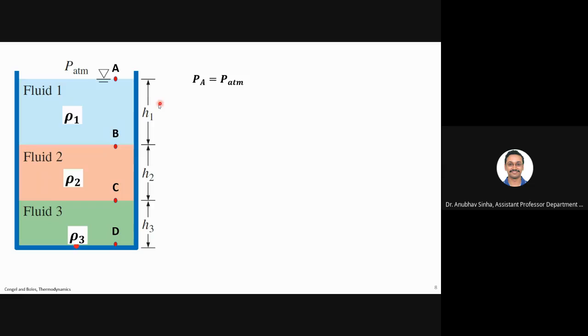I will take PA and add rho gh. What is rho here? Rho 1, and h is H1. So PB will be PA plus rho 1 g H1. Now what is PA? PA is atmospheric, so I can substitute here. PB is atmospheric pressure plus rho gh of whatever the liquid is there. Is this clear to everyone?